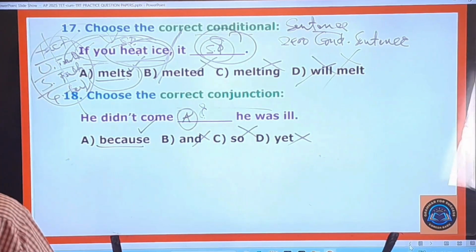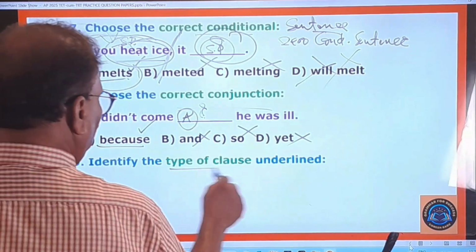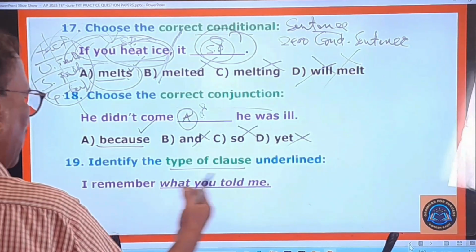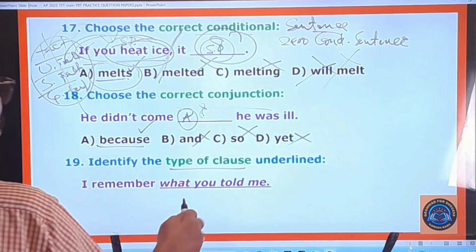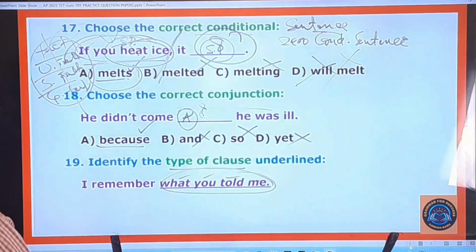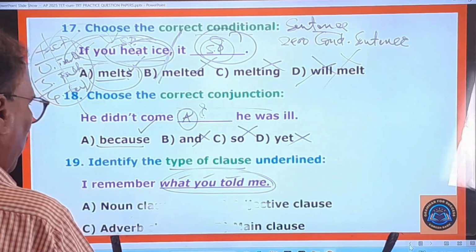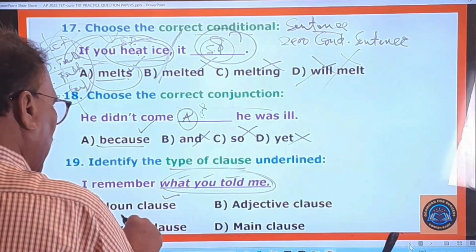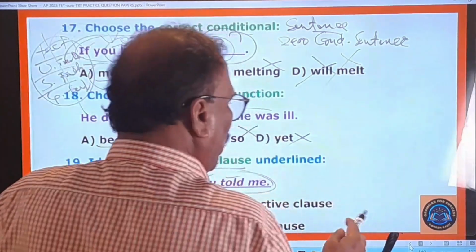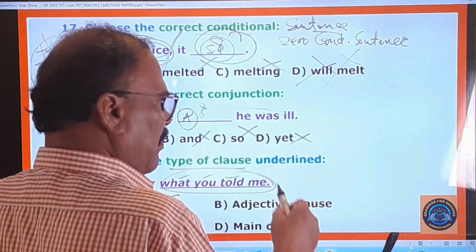Now you go to the next question. Identify the type of clause underlined. Here some sentence is given, and in this sentence some clause is underlined, and what is the name of this clause? Let us look at the given options. Noun clause, the very first one is the right one. It's a noun clause because I have already told you about this in the first explanatory video.